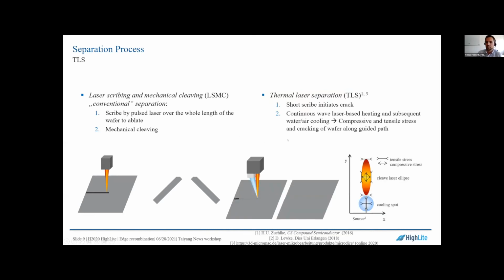What we are doing is thermal laser separation, TLS for short, where we have an initial very small scribe with the laser. And then by combining a heating laser, with reduced power compared to this one, and a cooling, where we induce compressive and tensile stress simultaneously, we can guide a crack along a desired direction. Therefore, the cell is separated.